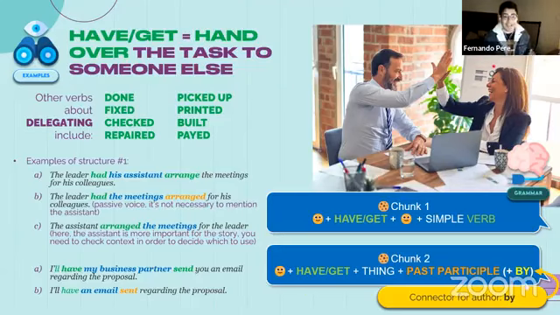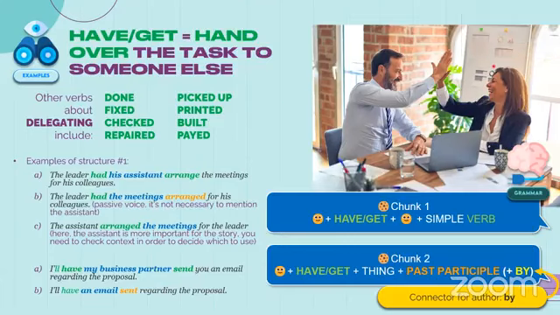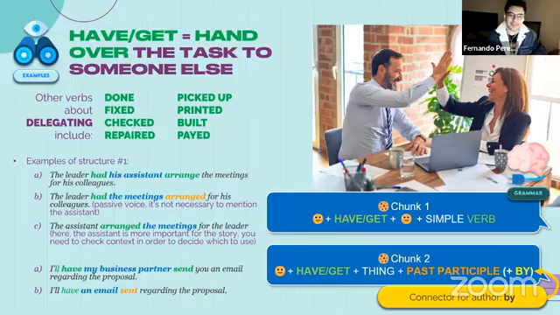Somebody arranged the meetings for the leader. But in this case, it's irrelevant, or probably it's very obvious who organized it. So the leader had the meetings arranged by who? By his assistant. But that is too obvious to put in the sentence.